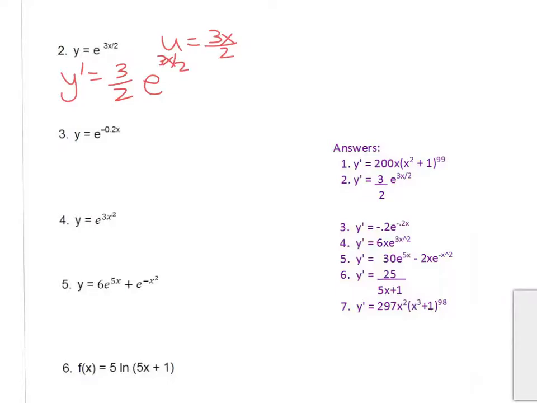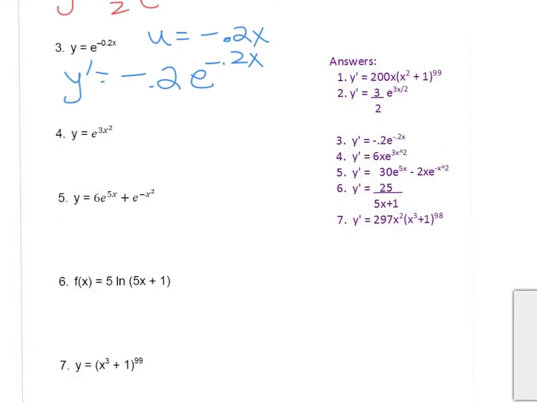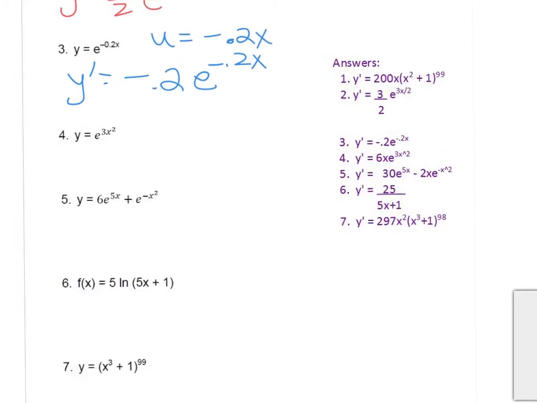So then for 3, the inside is the negative 0.2x. So the derivative is negative 0.2 e to the negative 0.2x. For 4, the inside function is 3x squared. That's in the exponent. So our derivative is 6x e to the 3x squared.